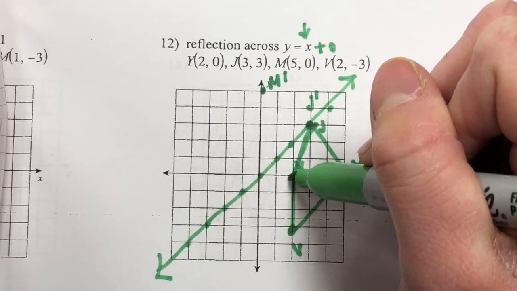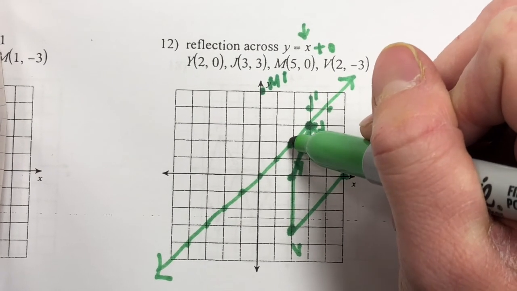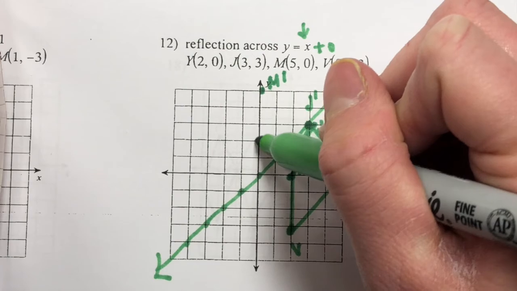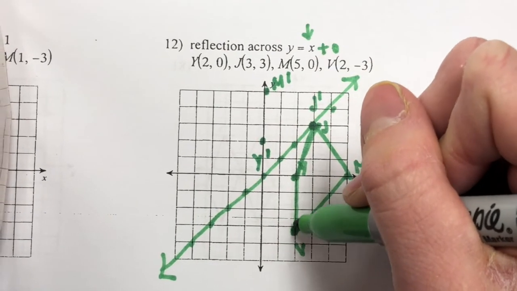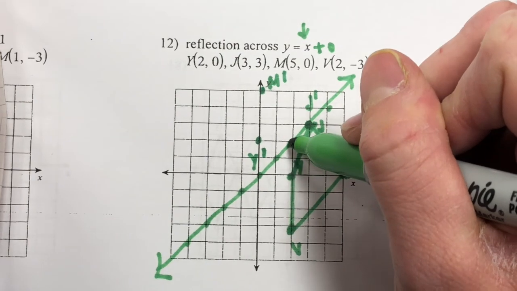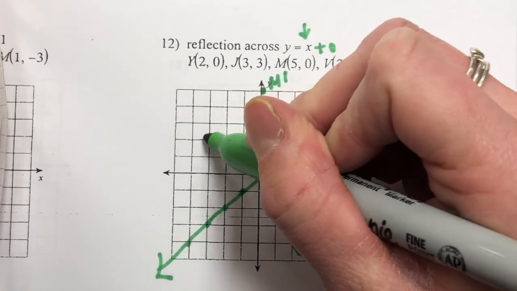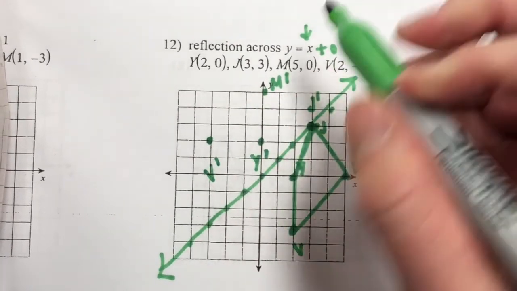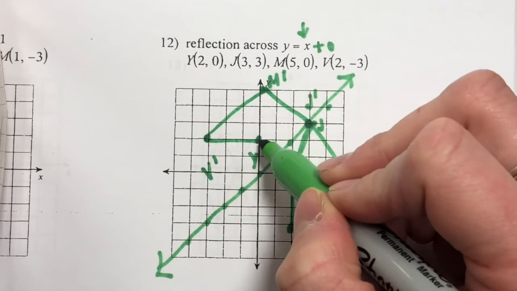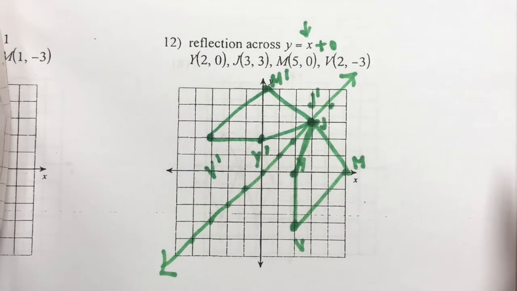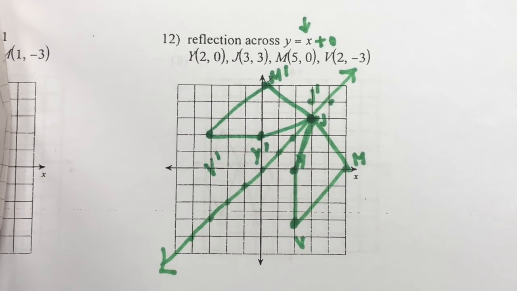What letter was this? Y is 1, 2 away from our mirror, so 1, 2 away on the other side. This is Y prime. Make sure you put that little prime there. And then V is 1, 2, 3, 4, 5 away, so 1, 2, 3, 4, 5. This is now V prime. You connect all 4 of your dots, and then you've reflected across y equals x.